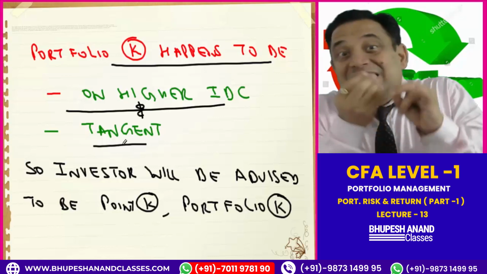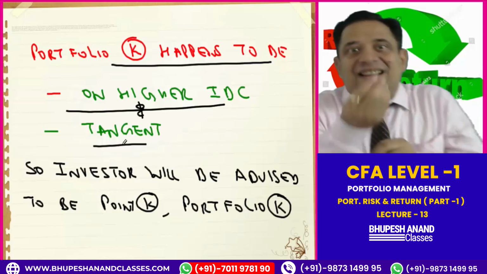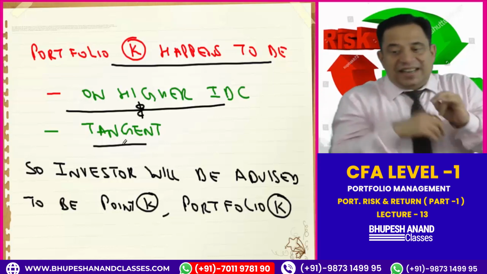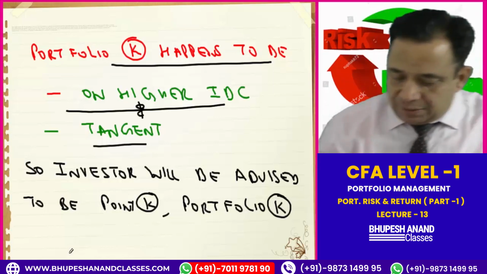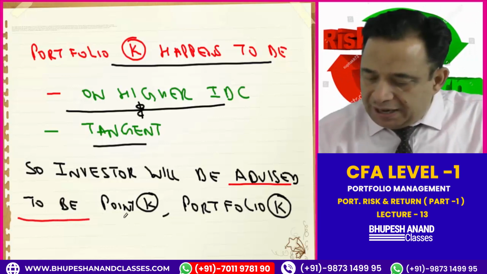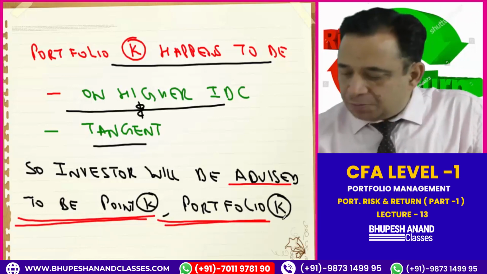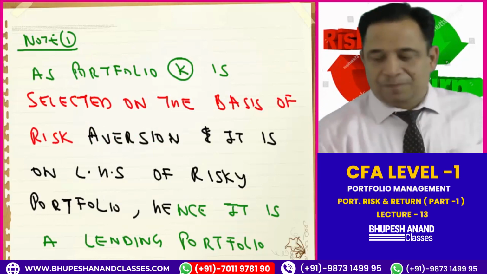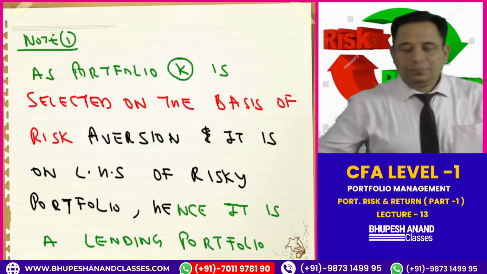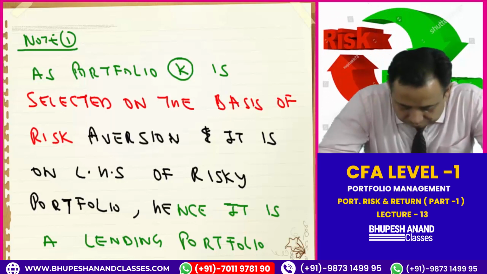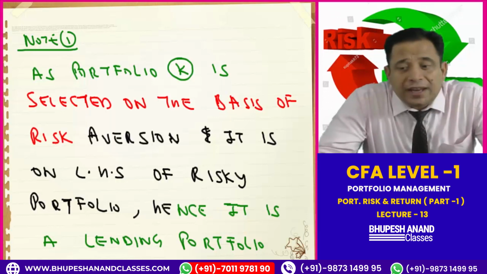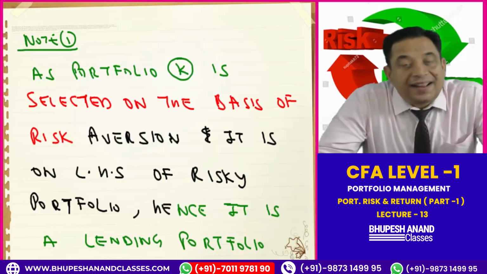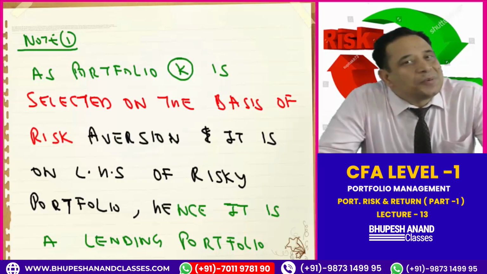If the point is tangent and higher, the investor will be advised to choose portfolio K, because, just write down, portfolio K is selected on the basis of risk aversion and it is on the left hand side of the risky portfolio, and hence it is a lending portfolio.